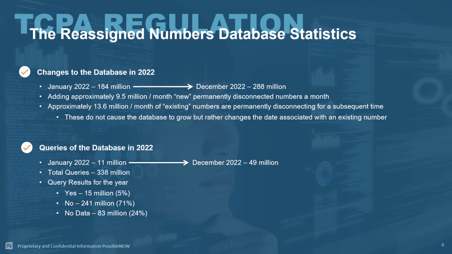In that last bullet, you'll see how it breaks down. About 71% were no responses, so those were callable, right? About 5% were not callable, receiving a yes response, and about 24% received a no data response.